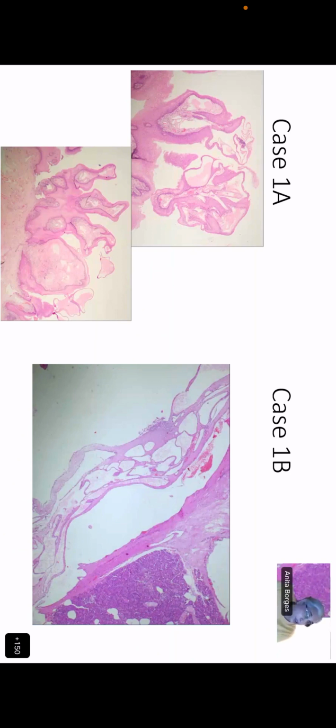So it is essentially a proliferation of that epithelium, and there is no other pathology that is associated with it. Yes, okay, ma'am. Now tell me, Dia, how certain are you that this is a papilla?